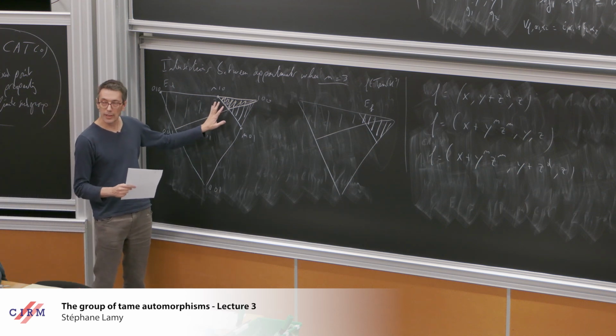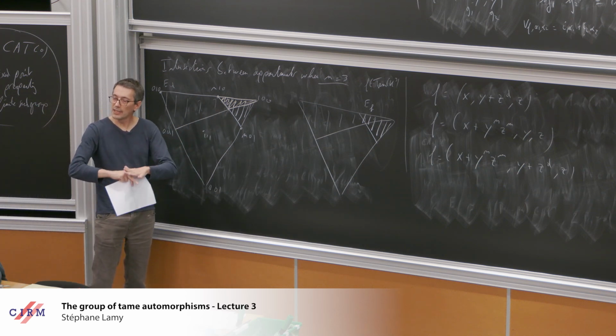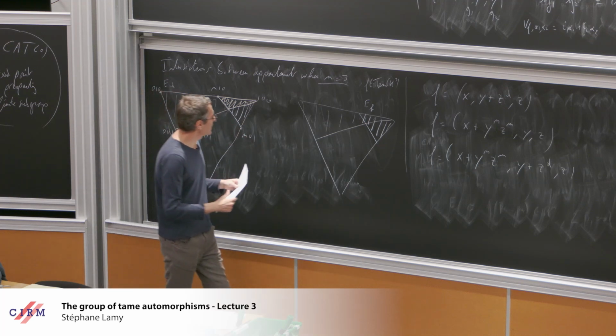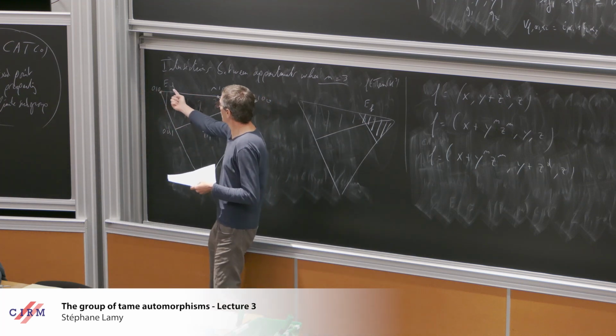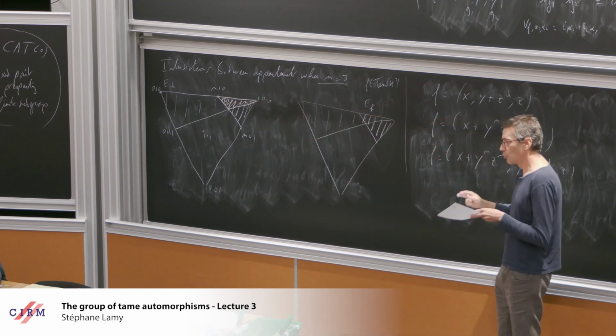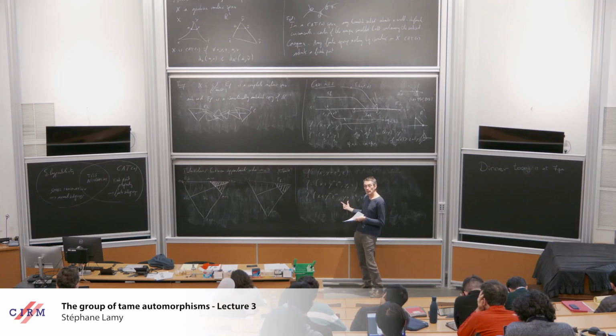So you see there is a connection between having an intersection and the fact that the first choice of coordinates and the second one, you pass from one to the other by a triangular map. So that's what we should have in mind.